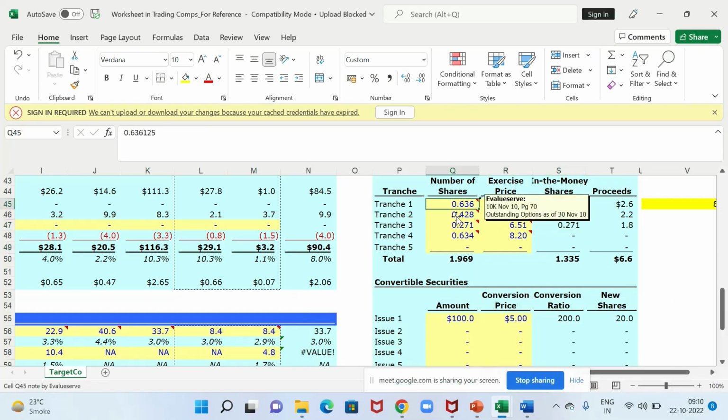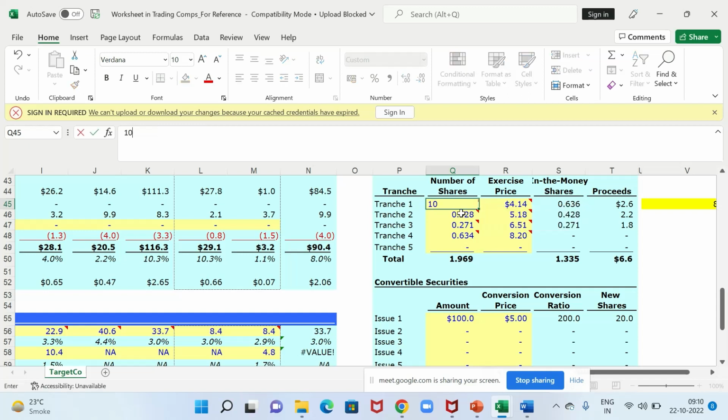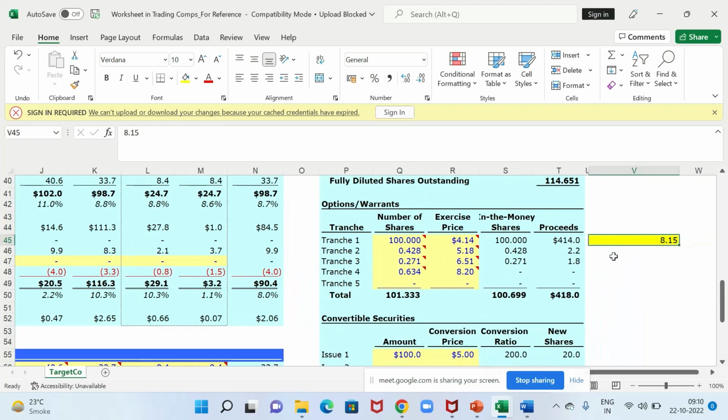So suppose, just for ease, there are 100 million shares that need to be issued at a price of 4.14, right? So total proceeds company will get is 414. Now just imagine if I have to use this proceed to acquire my own shares.